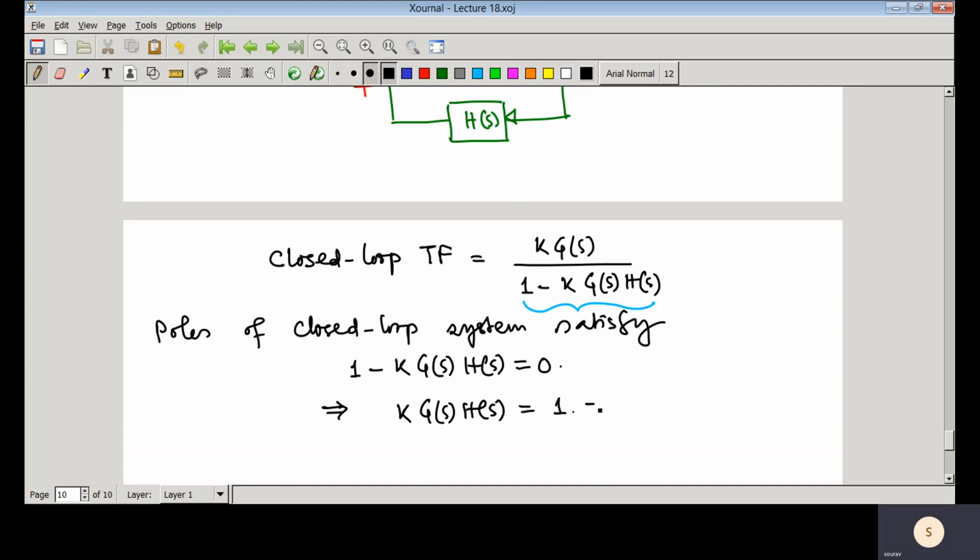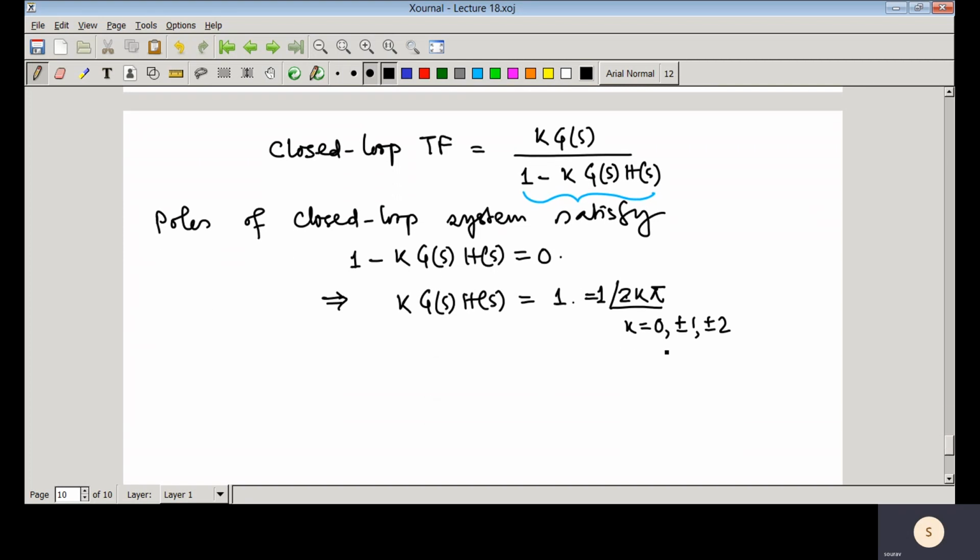Now this 1 is nothing but 2k pi, that is the angle, where k equals 0, plus minus 1, plus minus 2, so that means the angle would be k times 360 degree. This particular condition should be satisfied just like in the negative feedback structure.